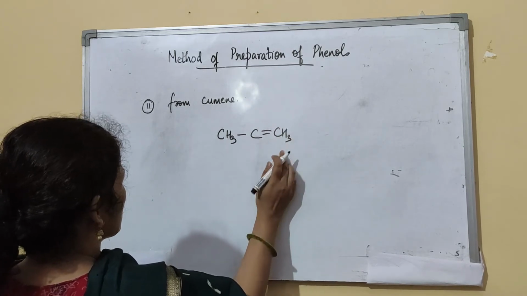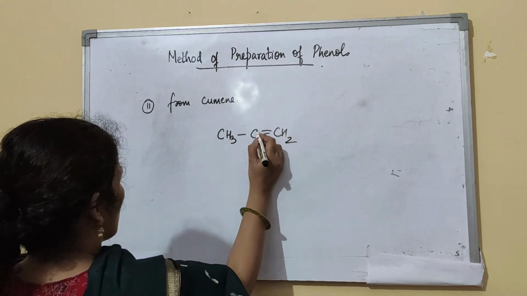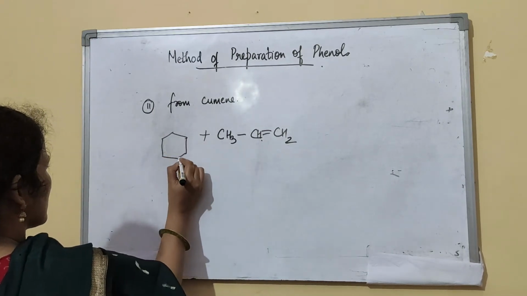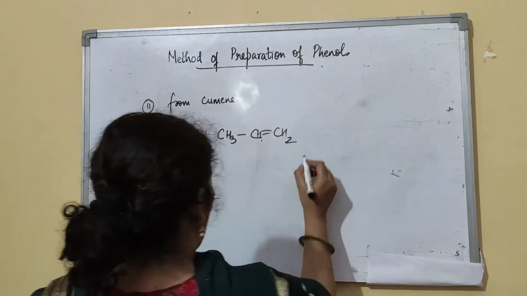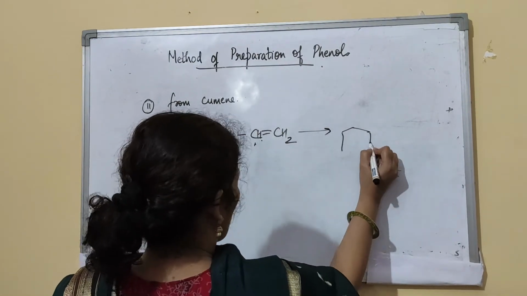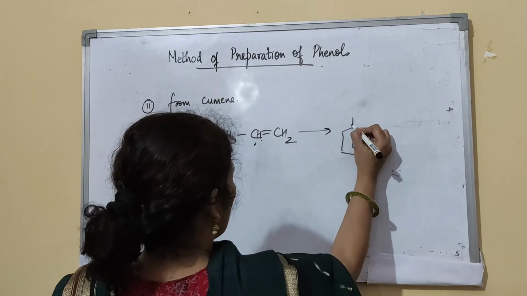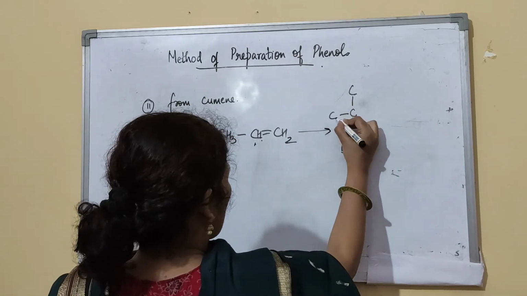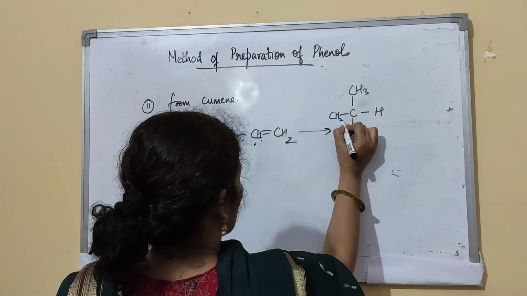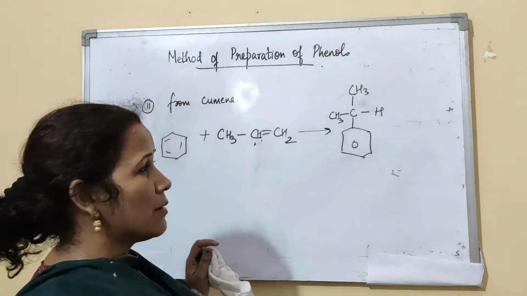So we'll be doing substitution of this on the benzene ring, so it will give you isopropyl benzene, a benzene ring with the isopropyl group. So you have made isopropyl benzene.